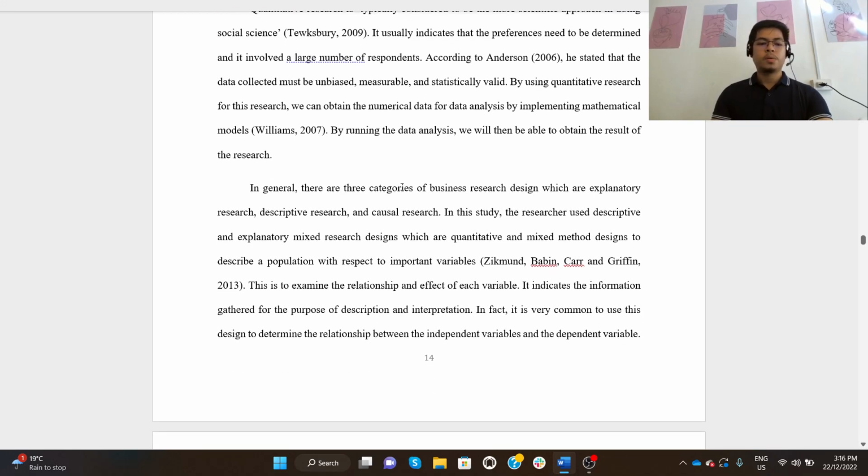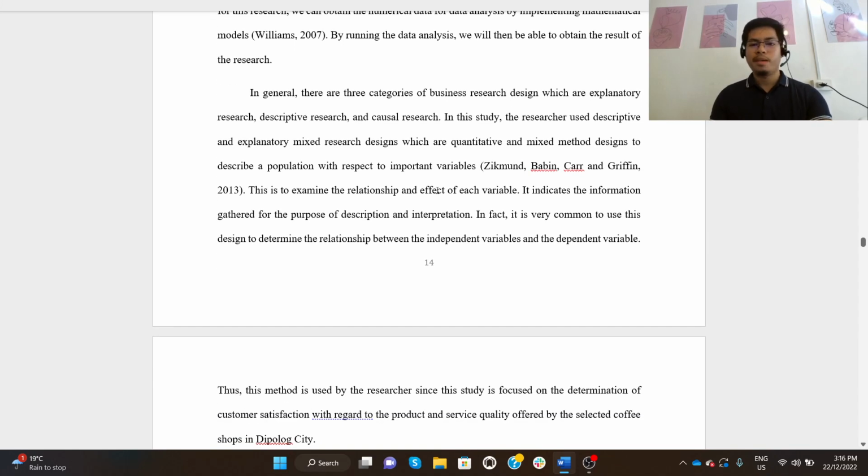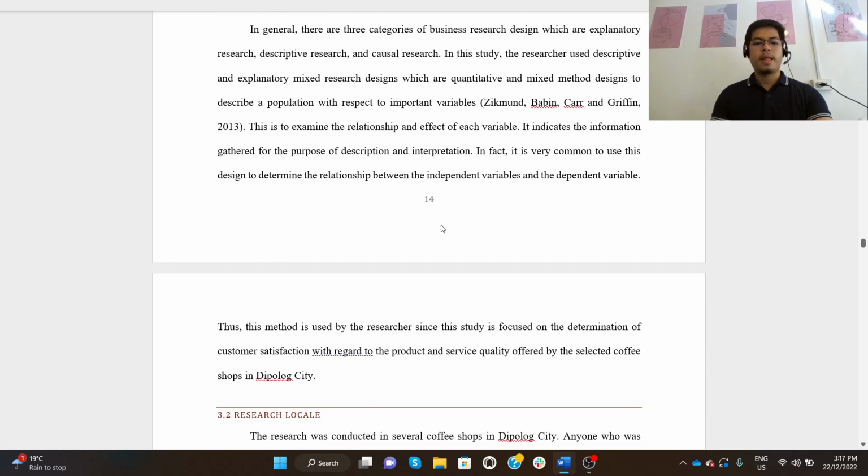So, in general, there are three categories of business research design, which are explanatory research, descriptive research, and causal research. In this study, however, the researcher used descriptive and explanatory mixed research designs, which are quantitative and mixed method designs, to describe a population with respect to important variables, based on Zikmund, Babin, Carr, and Griffin, 2013.